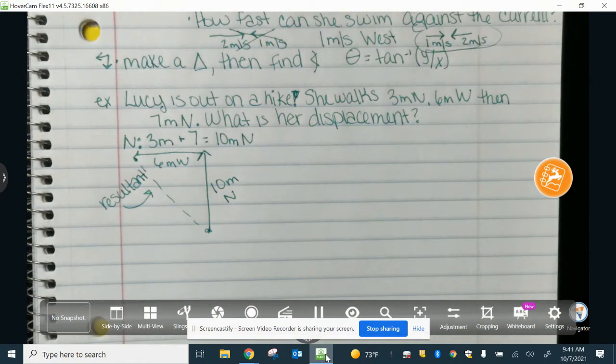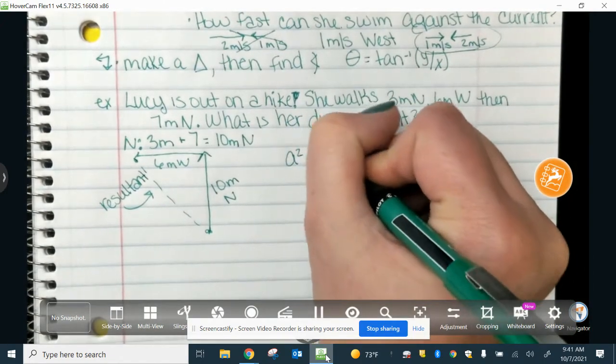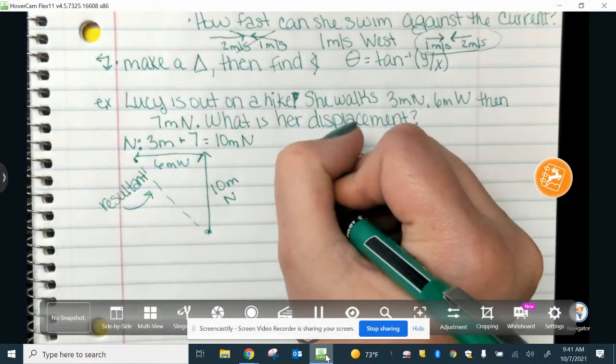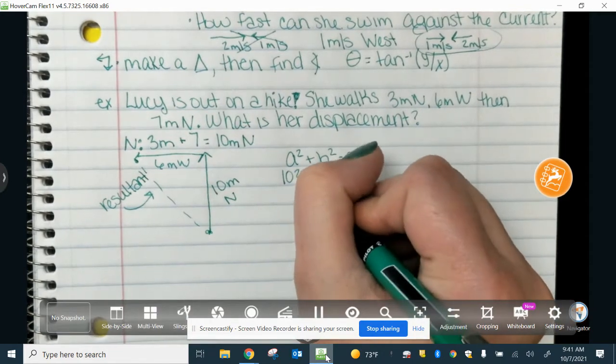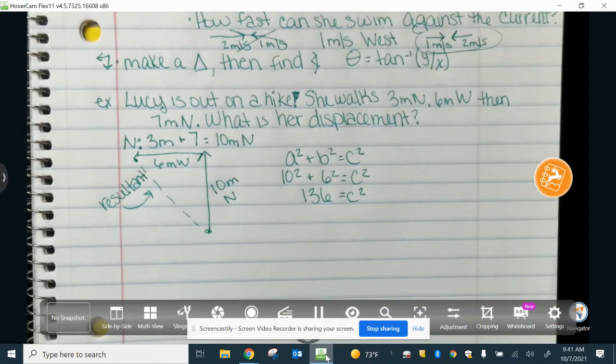So Pythagorean theorem, a squared plus b squared equals c squared. 10 squared plus 6 squared equals c squared. 10 squared is 100. 6 squared is 36. You add them together, you get 136 would be c squared.